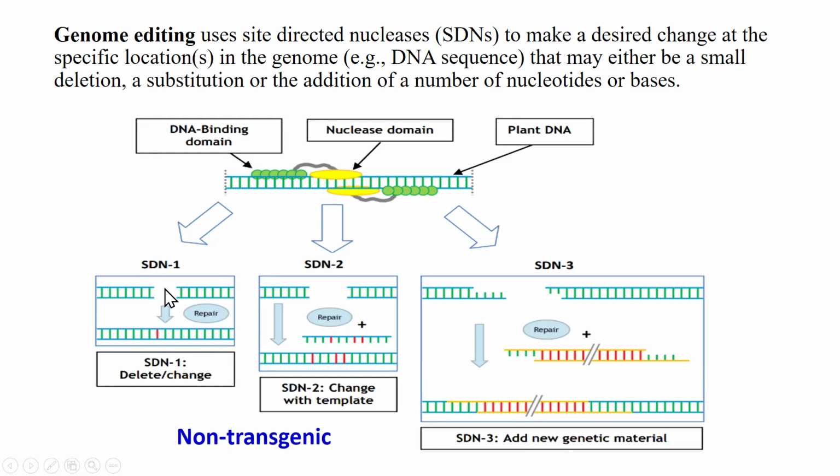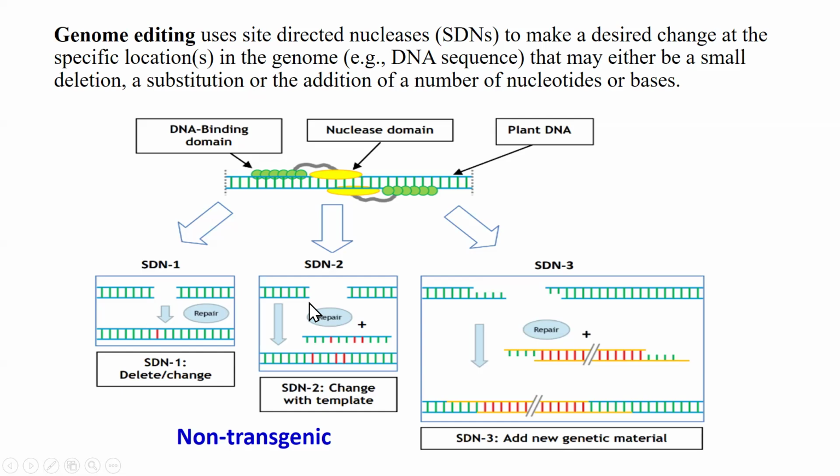And here, if the target gene is an important gene which carries a negative trait, for example, disease susceptibility, then even deleting one nucleotide can inactivate the expression of the gene. So this is a very simple way.